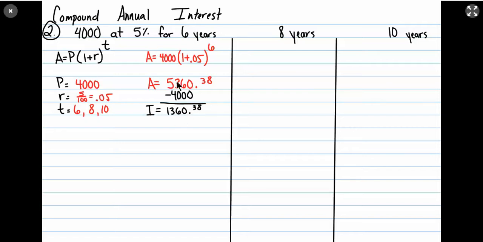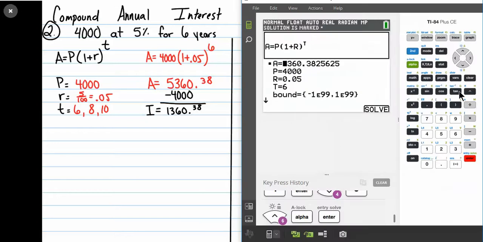So I want to focus on these two answers. You have an A answer and you have an I answer, but notice this time, instead of adding, I had to take away the 4,000. So I want to work out these problems this way now. So I'll go check the next one, and instead of 6 years, I'm going to check with 8 years.